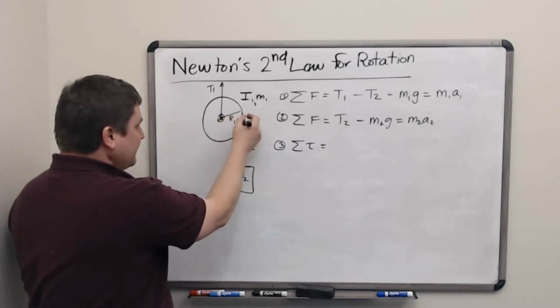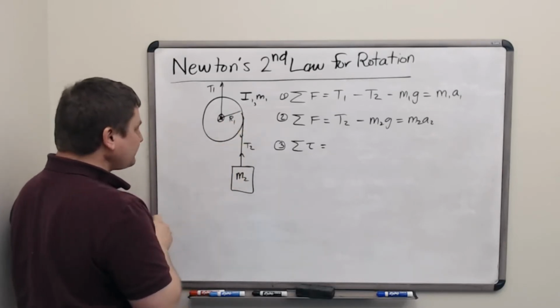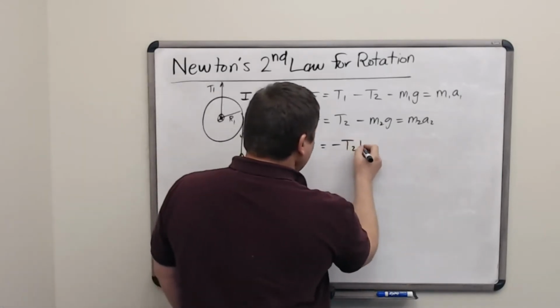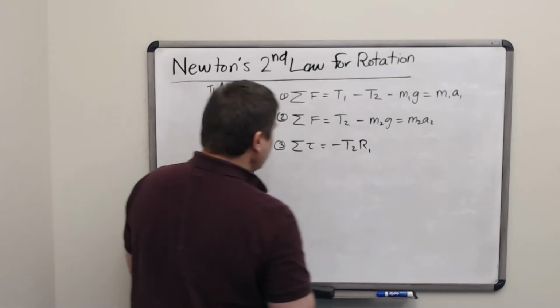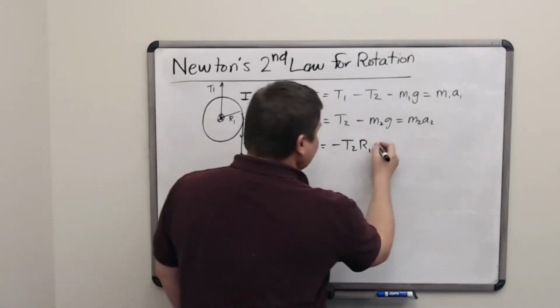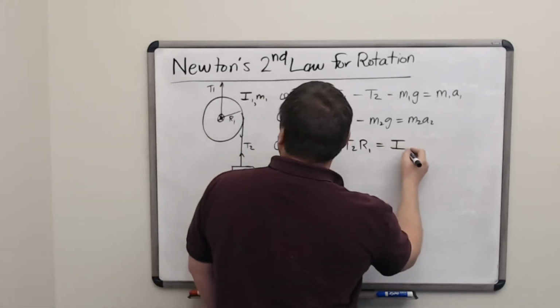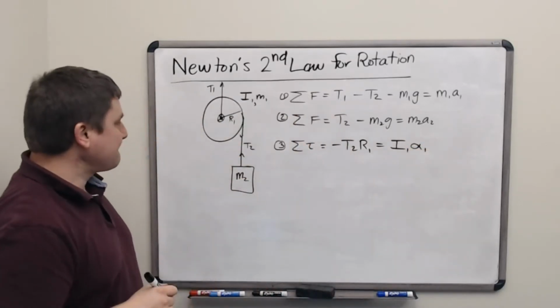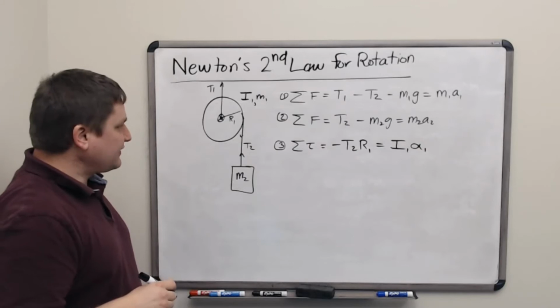It pulls perpendicular to the radius at the point where it's applied, right there at the edge, in a clockwise direction. That's the only torque, so it will be equal to the moment of inertia of the disk times its angular acceleration. Okay, so those are Newton's laws.